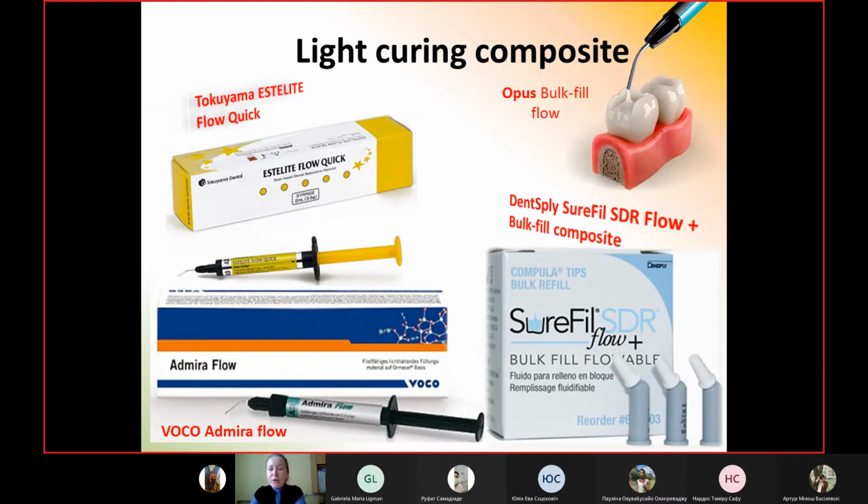By the way, company Voco was the first company to introduce nanoparticles in dentistry, and they use it very effectively, and almost all nano hybrid materials are produced by the company Voco. But still a lot of other manufacturers use this nanoparticle technology in their production of materials.